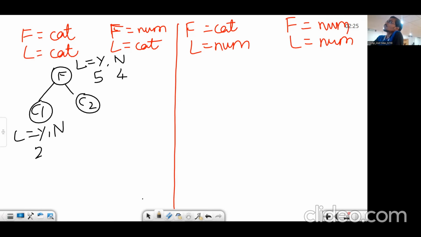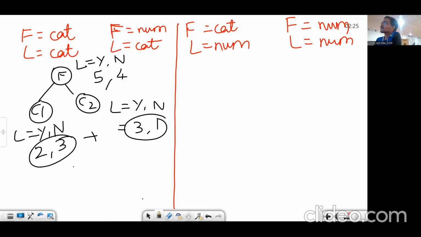Maybe they are 2 and 3, and here yes and no are 3 and 1. So that when you add all of these, it comes out to be what?